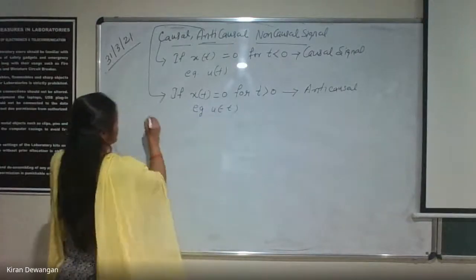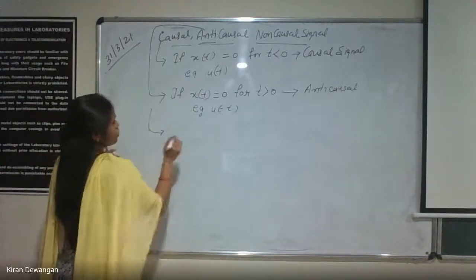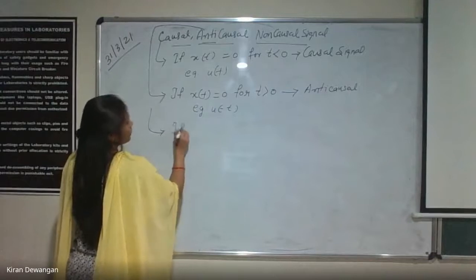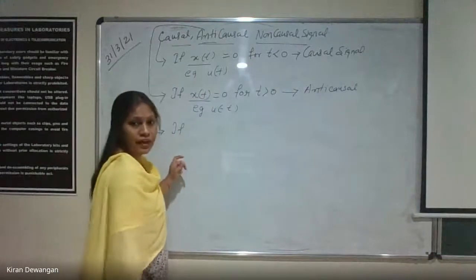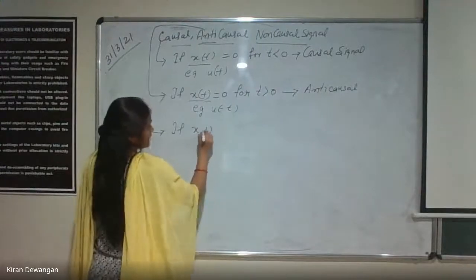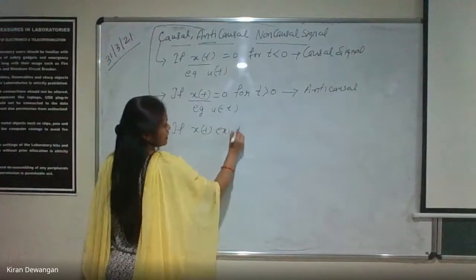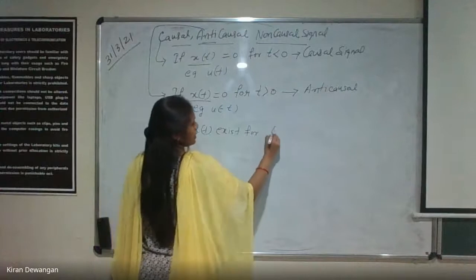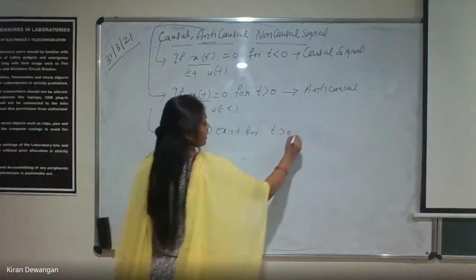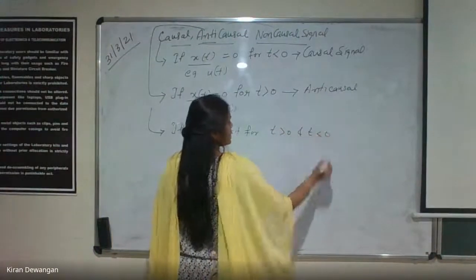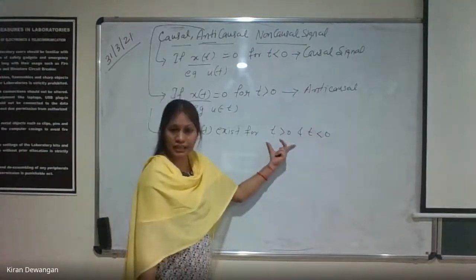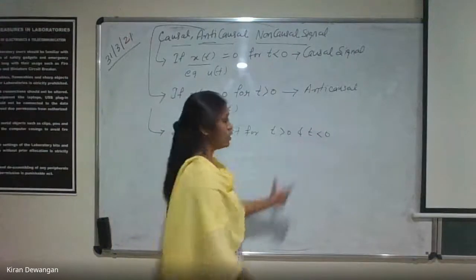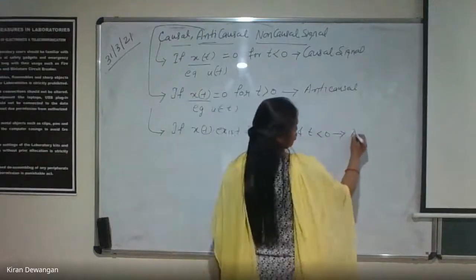Now the third one is the non-causal signal. If these two conditions are not satisfied, and if x of t exists for t greater than 0 and for t less than 0, that is, for both positive values of t as well as negative values of t, then the signal is a non-causal signal.